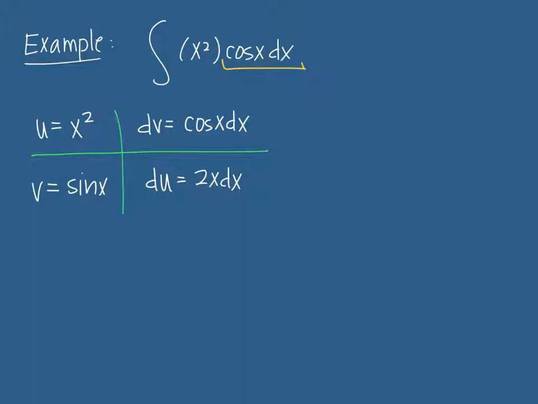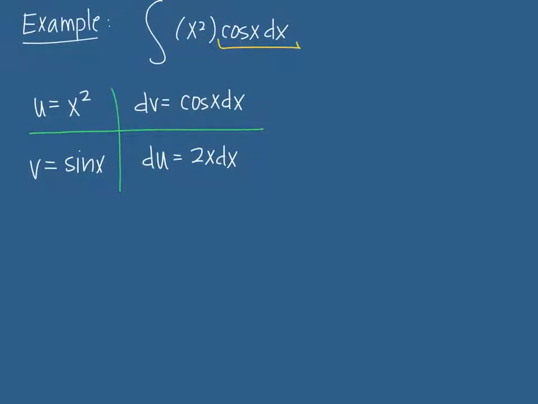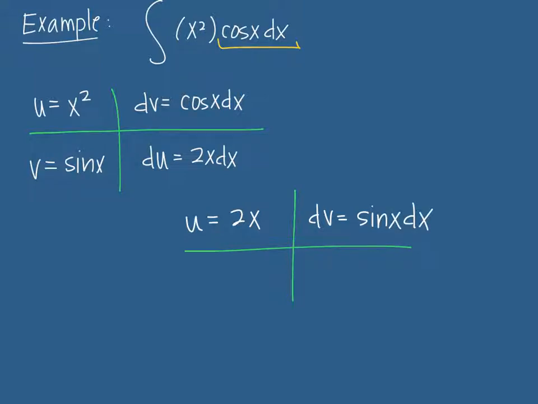You could, yeah, I guess. If you recognized right away that you were going to have to do it again, I suppose you could do it again. Then your u this time would be 2x. Your dv would be sine x dx.